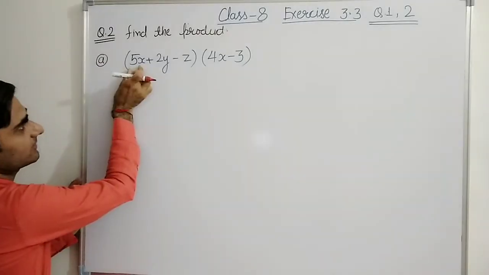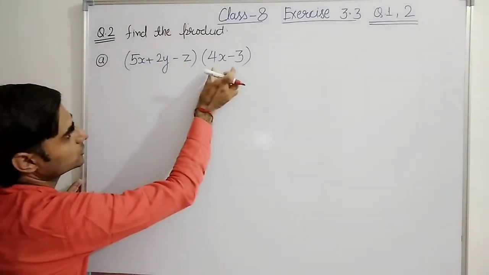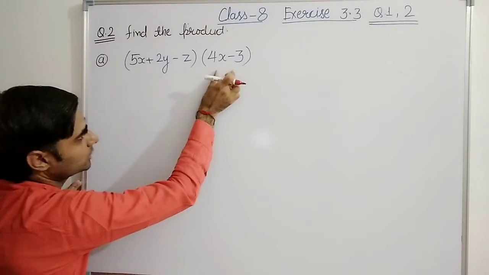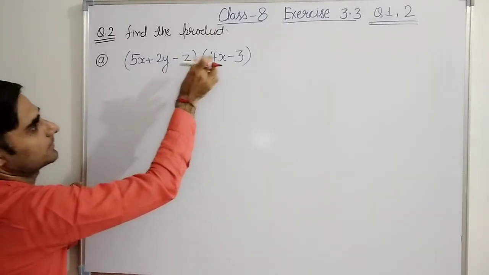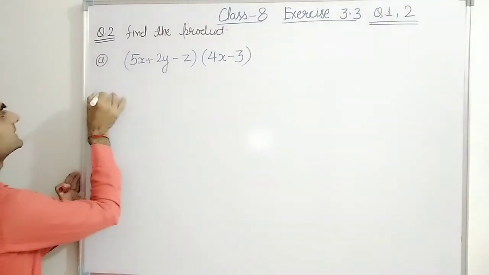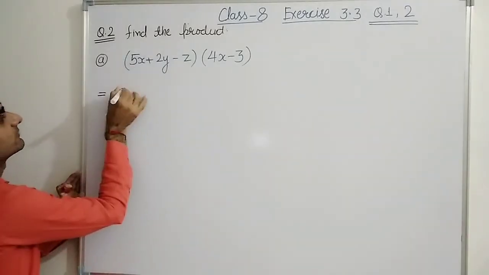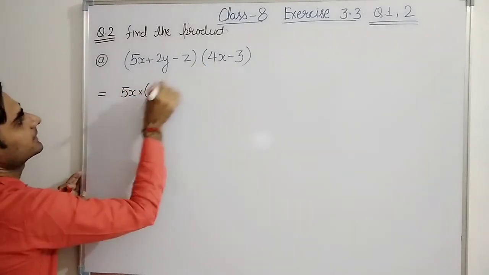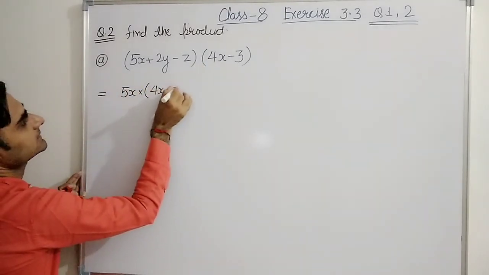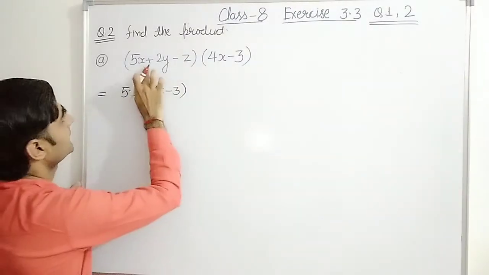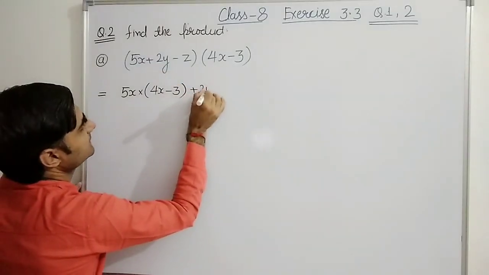This 5x will be multiplied by both of them, then 2y will be multiplied by this whole, then z also will be multiplied by this whole. One by one we will multiply. Okay, see carefully. First one is 5x multiplied by this 4x minus 3. Correct? Then this plus 2y, look at this carefully.